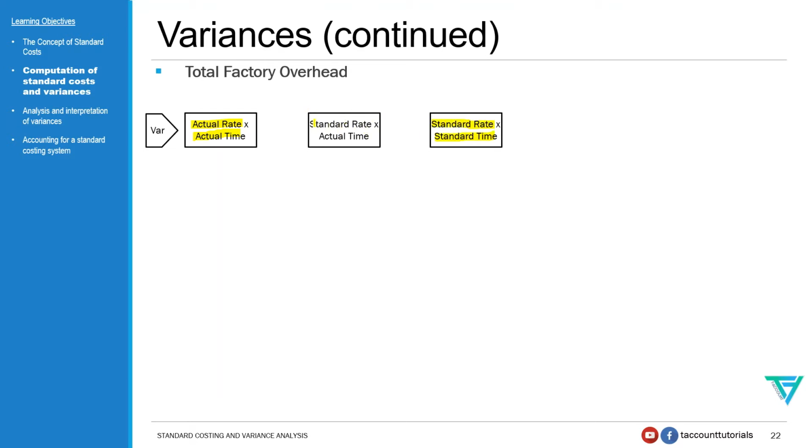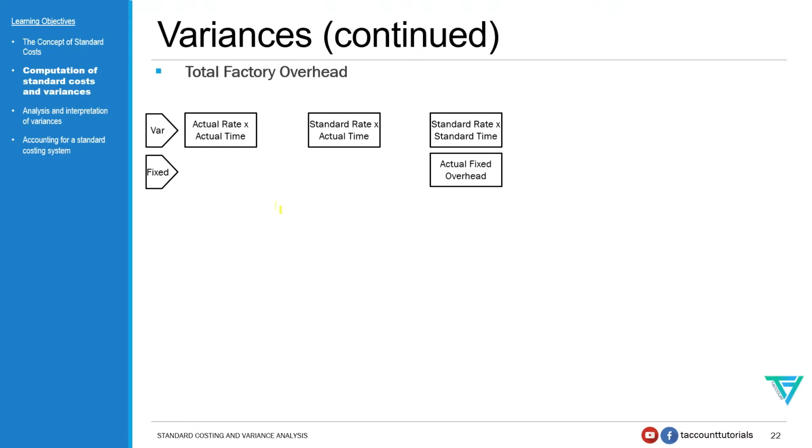And if you could remember, we also inserted a middle figure here, which is the actual time multiplied by the standard rate, okay? And then if we would be trying to combine it with the fixed overhead, we can just plot the fixed overhead at the bottom portion.